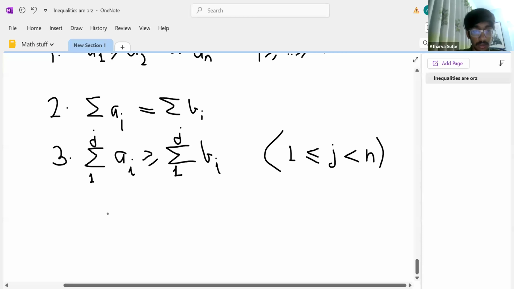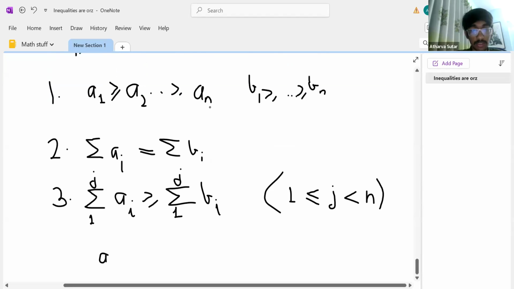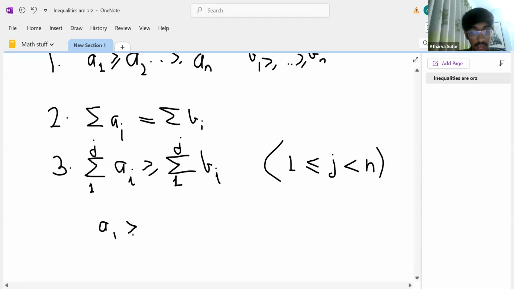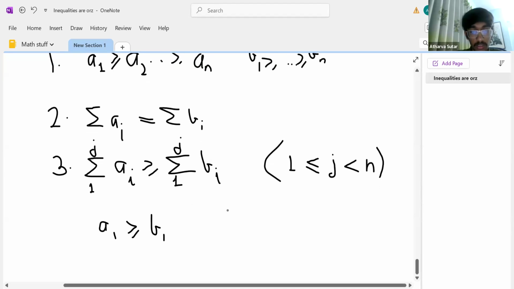So if you have four terms in each sequence, you will have A1 is greater than or equal to B1, then A1 plus A2 is greater than or equal to B1 plus B2, and A1 plus A2 plus A3 is greater than or equal to B1 plus B2 plus B3. This is what the third condition means.